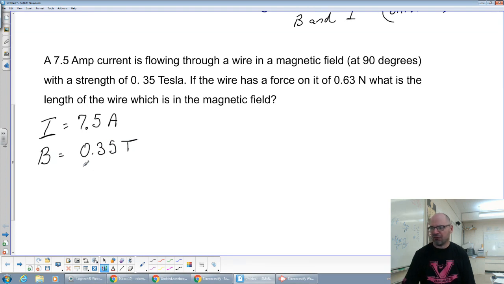These are all derived units, so they're not in their base form. So for canceling and things like that, we might have to break them down, or we might just have to remember what they mean. And we know that the force is in newtons, 0.63 newtons.